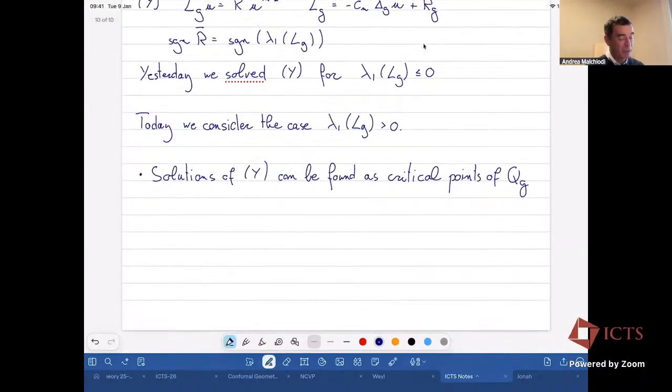So a natural question is, does Qg admit a minimum?